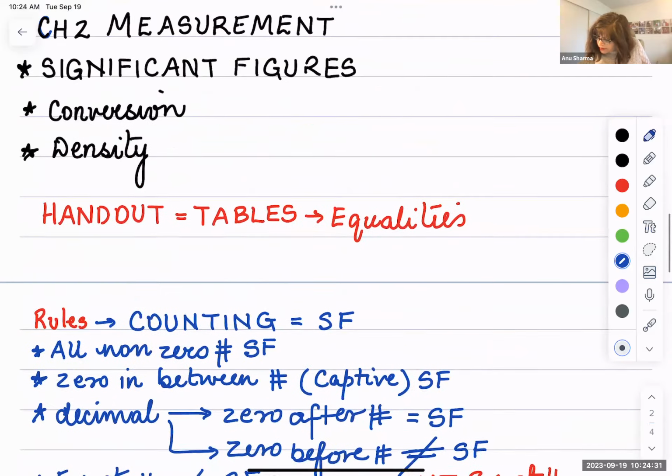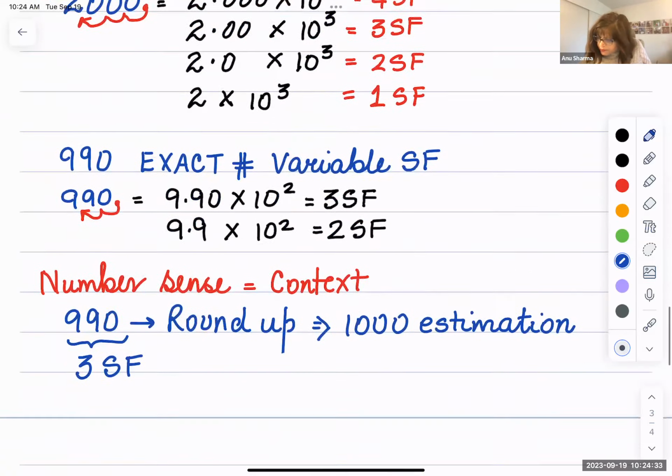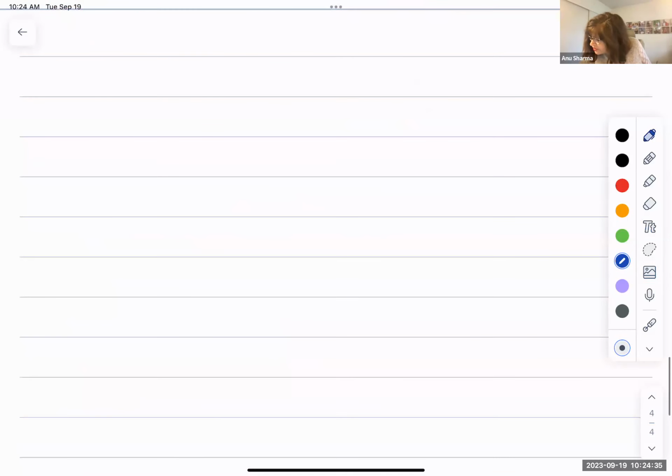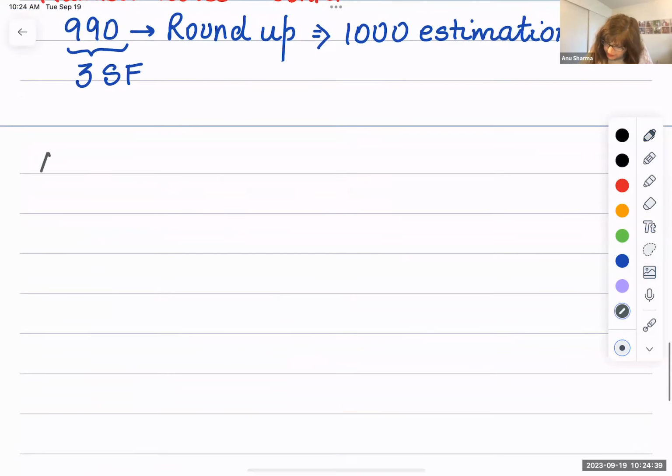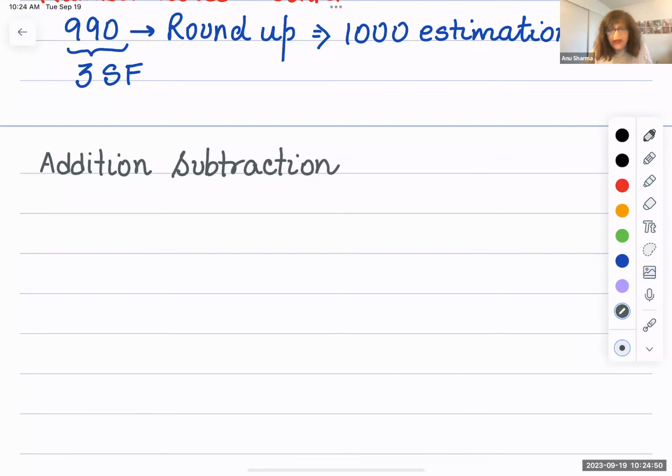There's something we didn't cover, and that is the rules regarding addition and subtraction. So what is that rule? Anytime you add or subtract, you count the decimal places.